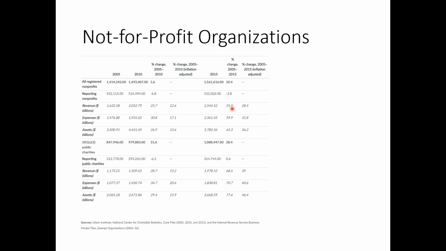And if you look at the revenues, they increased by 56%, and total assets increased by 65%. So in terms of scale, it's also huge. So we do need to pay attention to both the government and the non-profit because they are an important part of the economy and society.